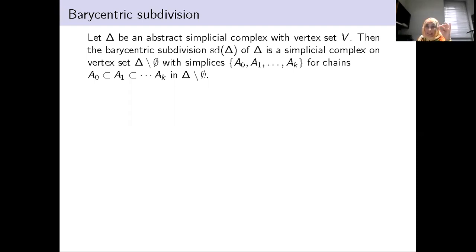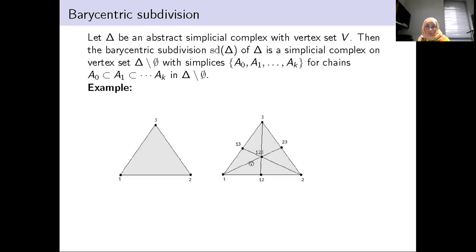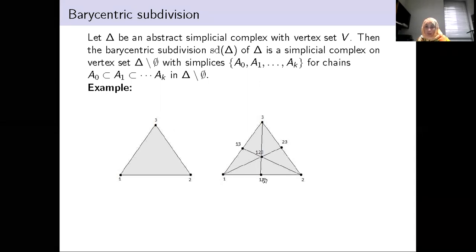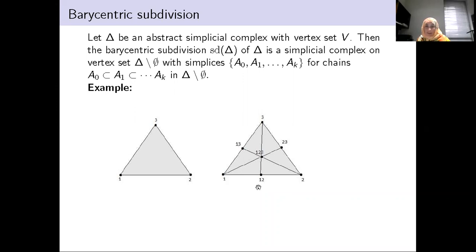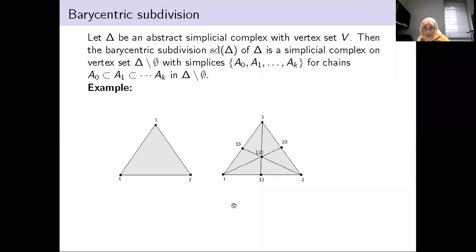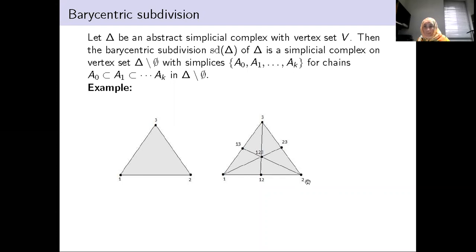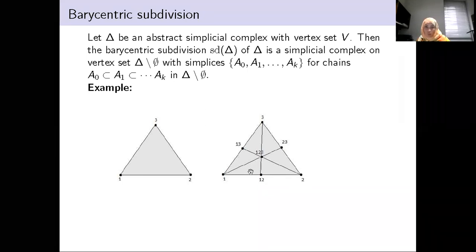And how are they linked, how are they connected? For example, this is a barycenter and this is a barycenter. We will connect them in the way that the corresponding faces must have this relation: one is contained in the other. So for example, I cannot connect the face 1 with the face 2, because 1 and 2 are not related. Similarly, you can see that 1 is connected with 12, 13, and 123.